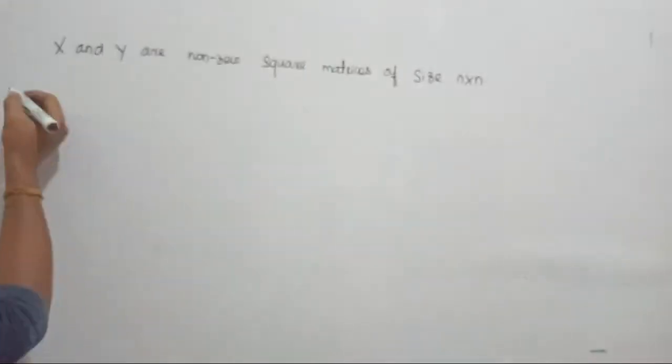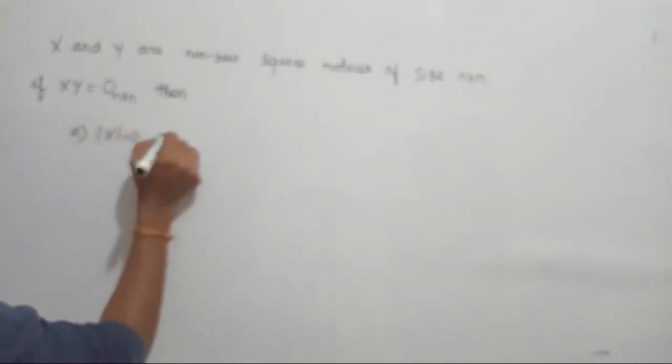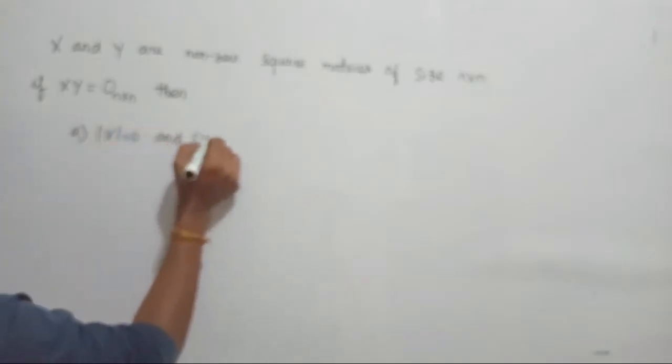If x dot y is equal to the zero matrix of size n cross n, right? That is not the letter O, that is 0. Then they made 4 statements. Option A, determinant of x equal to 0 and determinant of y is not equal to 0.